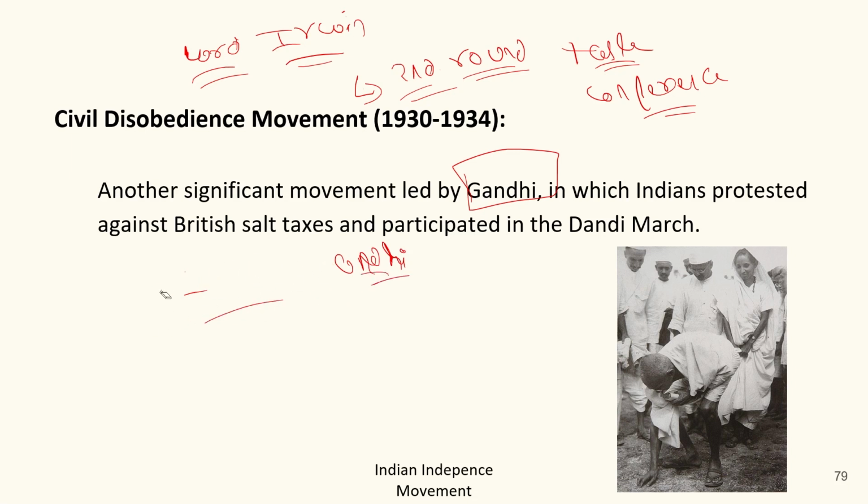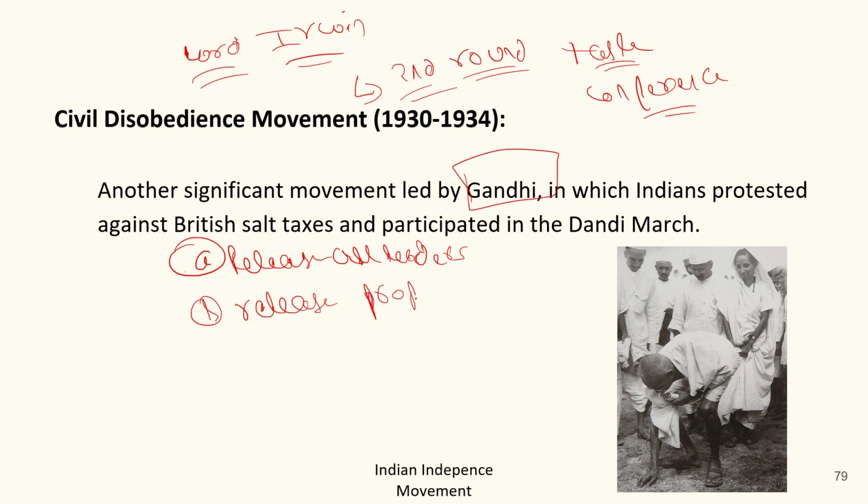So, what were the demands of the Gandhi Irwin Pact formulated by Mahatma Gandhi? Number 1, release all leaders. Number 2, release properties of leaders. Number 3, repeal salt law.